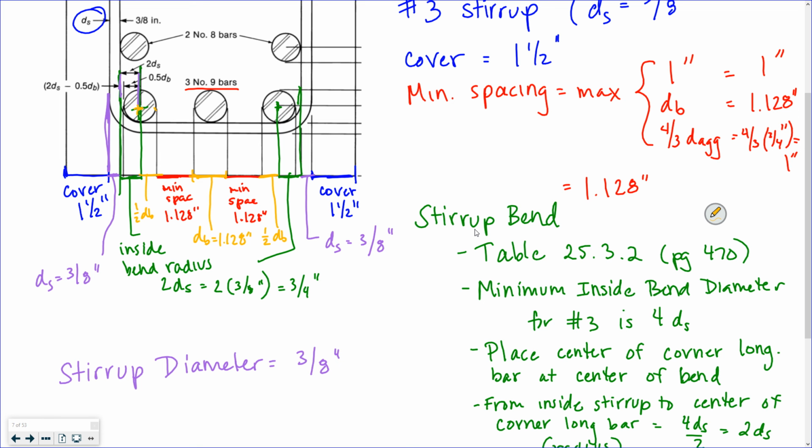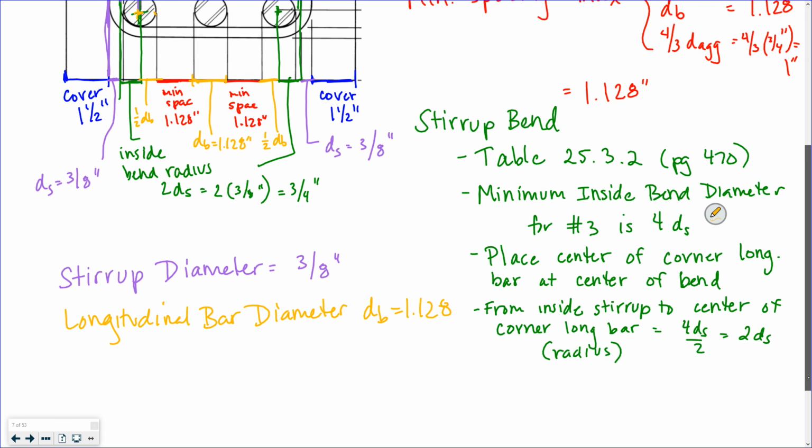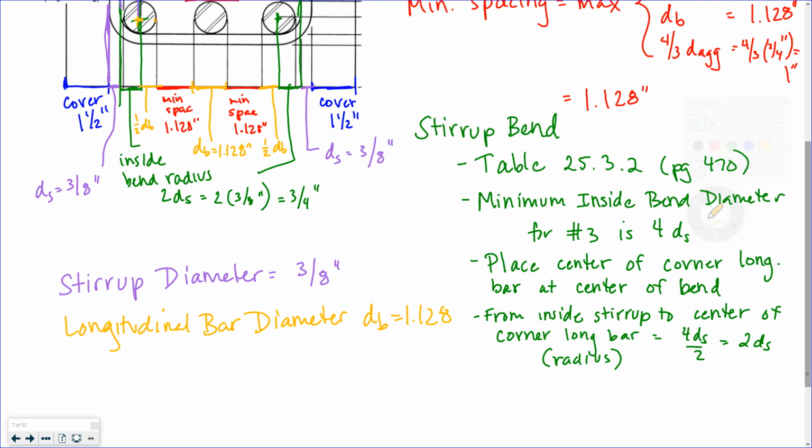So then I get to add, well, let's see, 1.128 divided by 2. But you can just do 1/2 plus 1 plus 1/2 longitudinal bar diameters. So if you start to add it up, right, looks pretty colorful, huh?